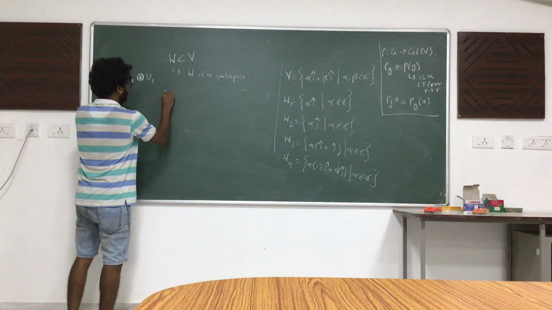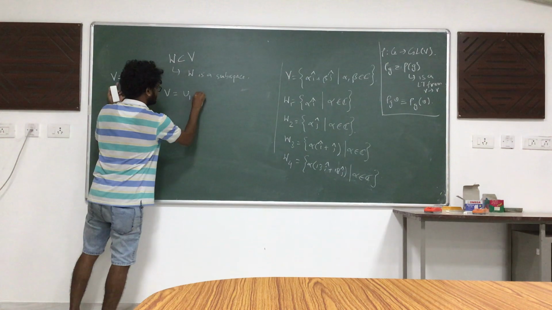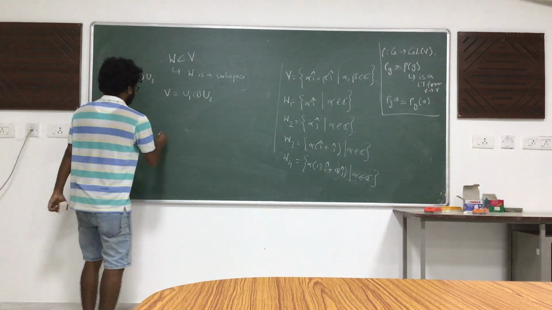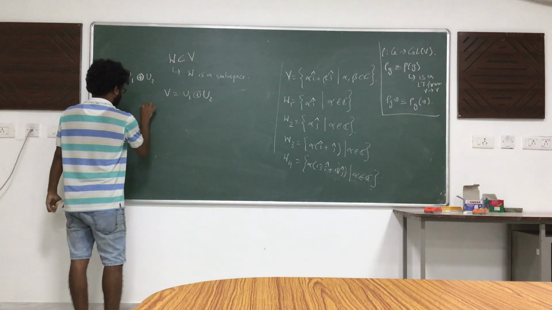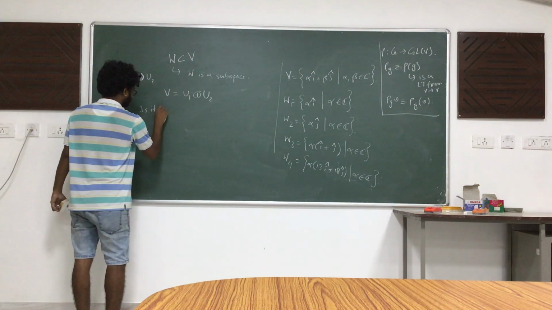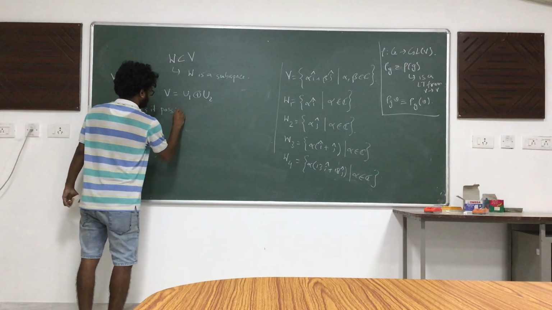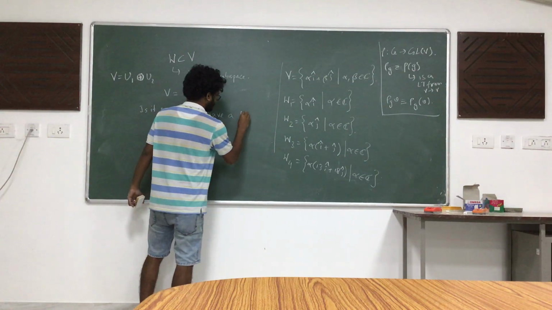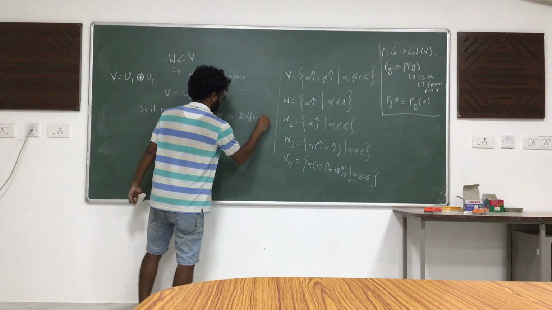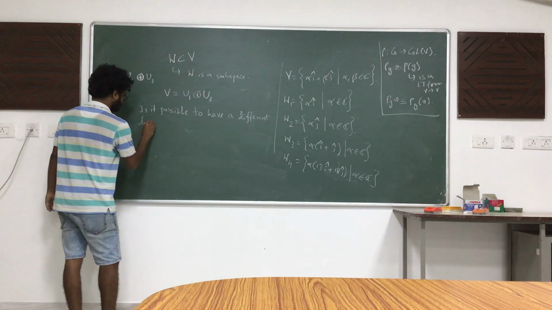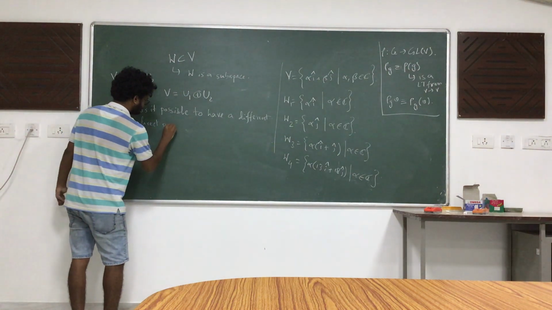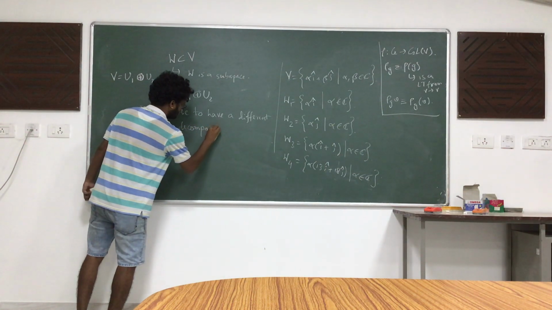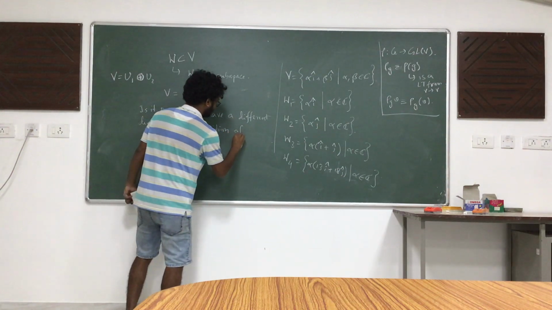Let us say we have already found a direct sum decomposition of V. Is it possible to have a different direct sum decomposition of V?